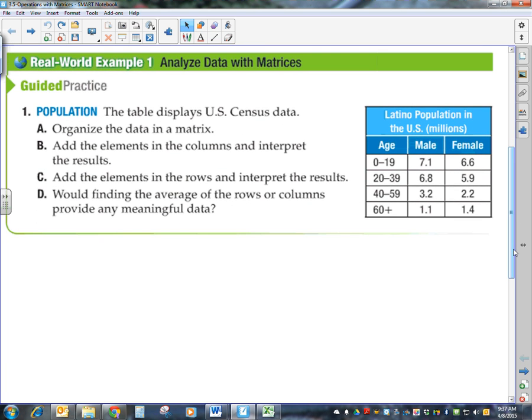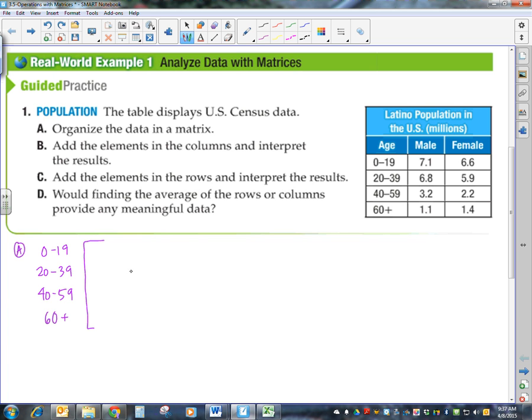Okay, so the values that change are similar to what's at the top of your page as an example. So in part A here, we have a group that goes from 0 to 19, from 20 to 39, from 40 to 59, and then 60 and older. Okay, so our matrix is going to be, we're going to do it just like it is in the chart here.